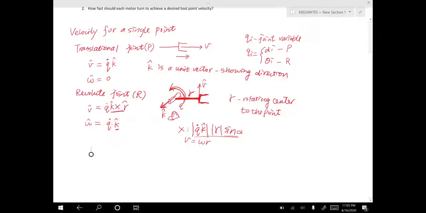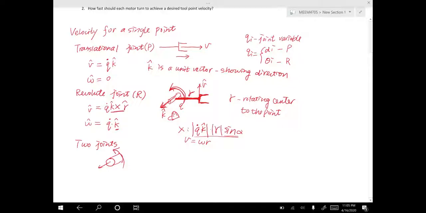So let's see another example where now we have 2 joints. Right here we have a revolute joint, and this is our rotating center.